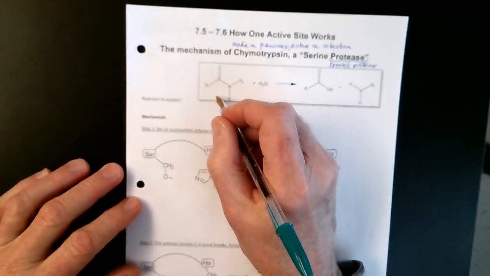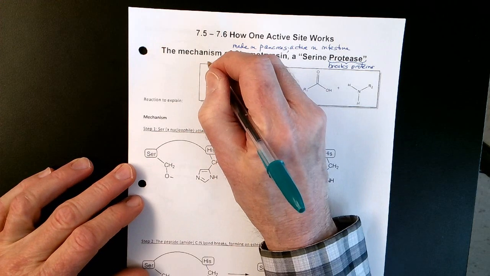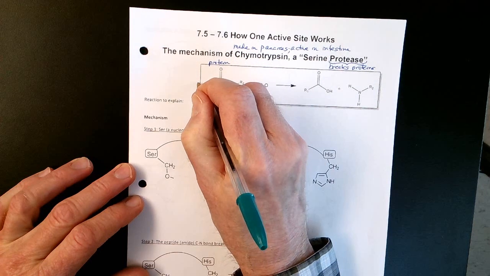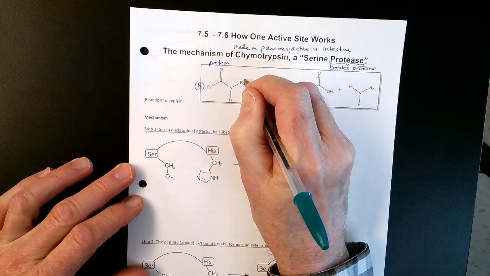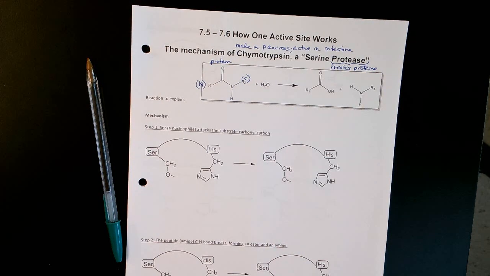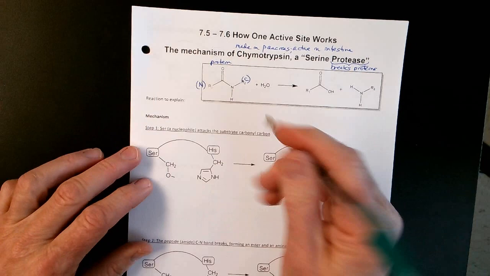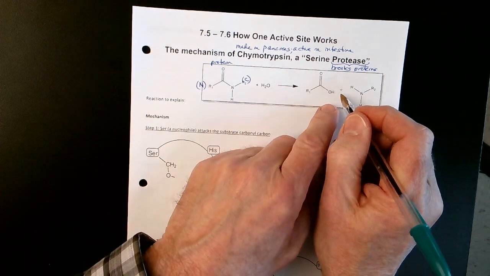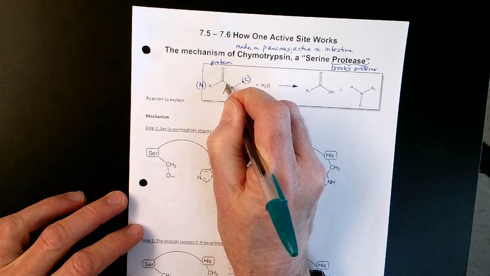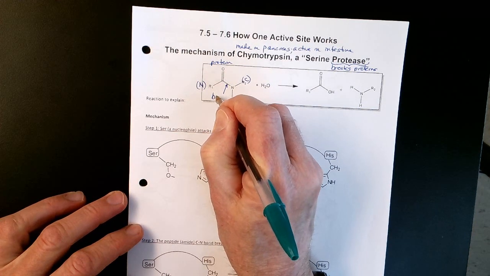So let's say that this piece right here is a protein. Here's the nitrogen terminus, here's the carbon terminus, and we're working on just the one bond which we called earlier an amide bond. That one right there, if you're looking over to your product side, that one there is going to break.